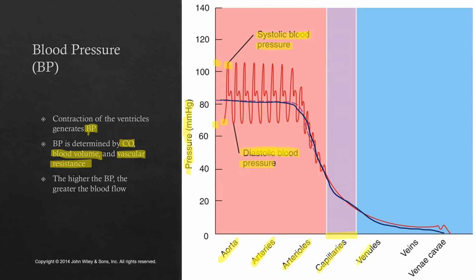So here we have venules coming out of capillaries, veins, and then the vena cava that goes directly back into the heart. And so we're going to see the lowest blood pressure in those veins, venules, and then the vena cava right before going back into the heart to kind of build that pressure again.